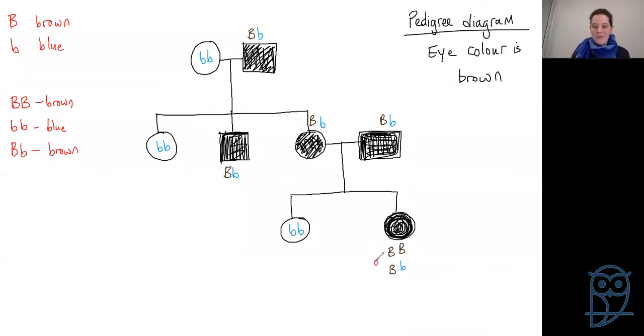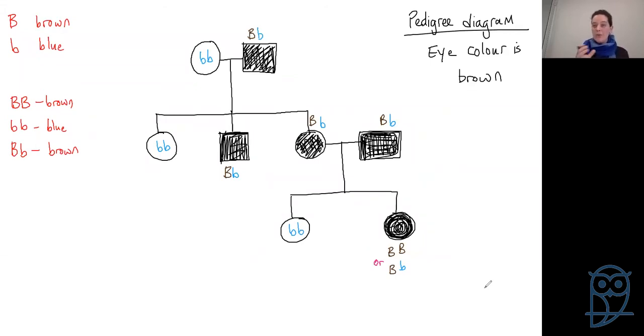We don't know if this is a homozygous dominant or a heterozygous. The only way you would know is if that girl went and had children, and then you'd have to look at her offspring to see: have I got lots of brown eyes, have I got some blue eyes going in, what's the genetics of the male, and then you can work further in.